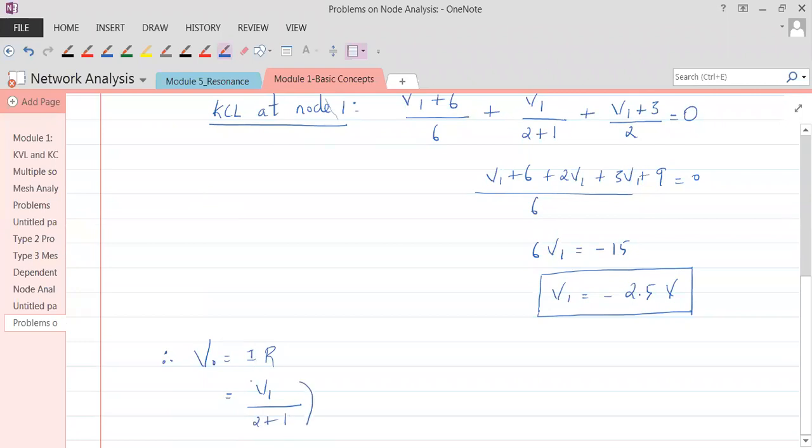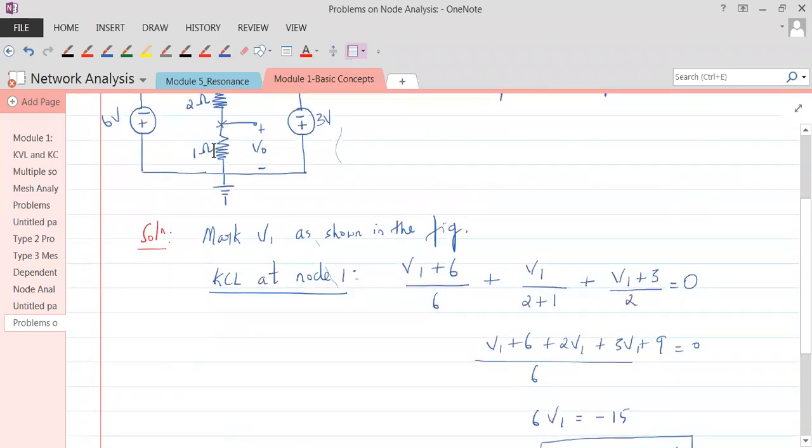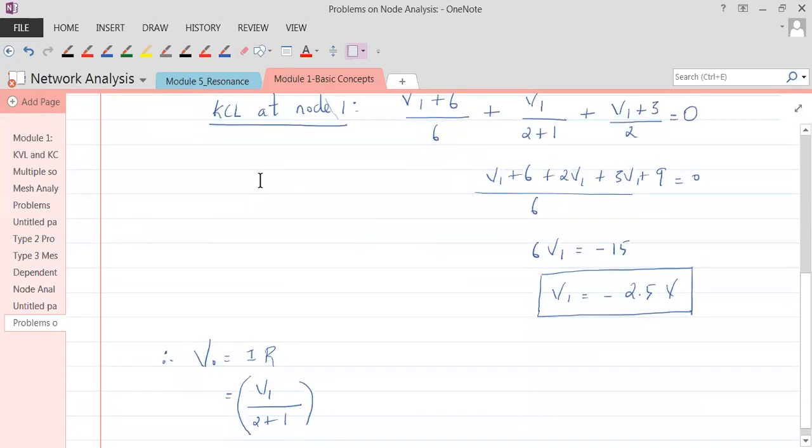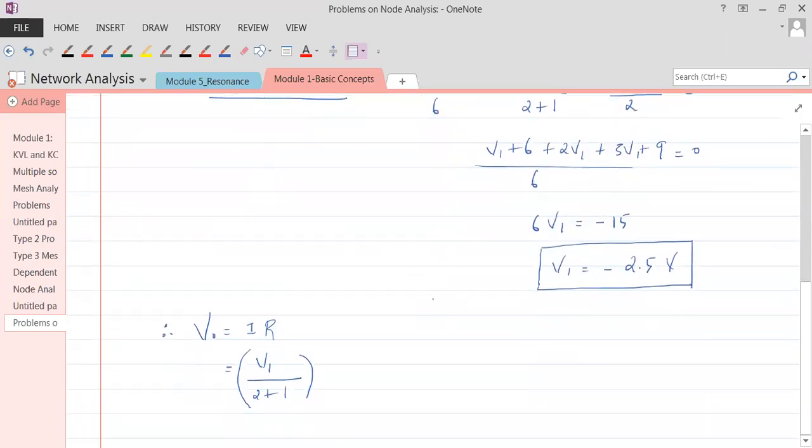What is R there? Across which resistor are we doing that? Across 1 ohm, so it is into 1. So what would this be? V1 is minus 2.5, and minus 2.5 by 3.